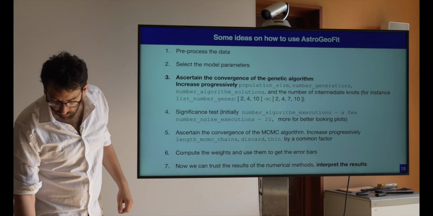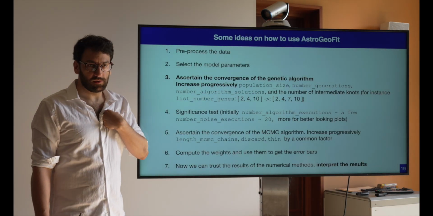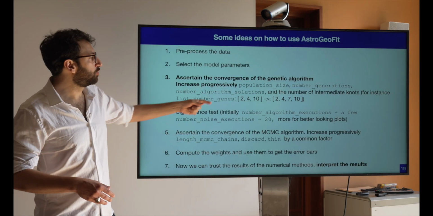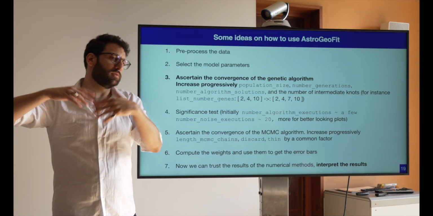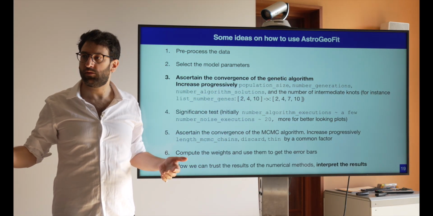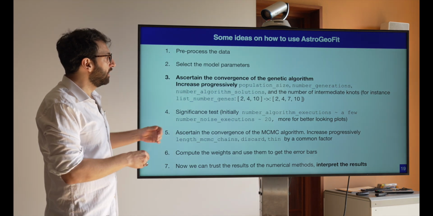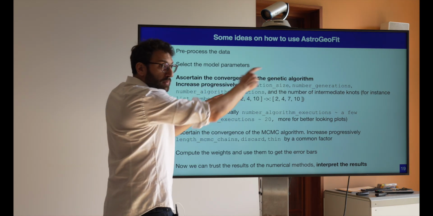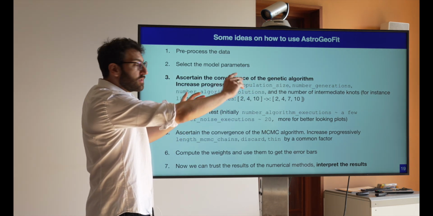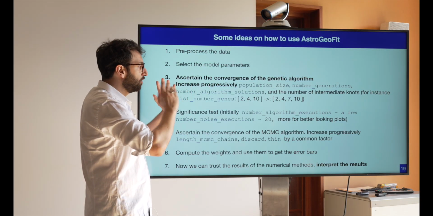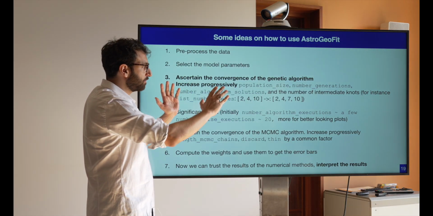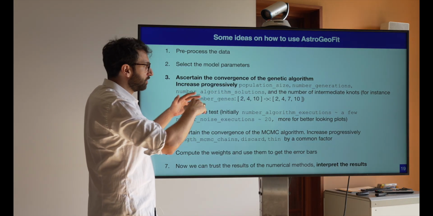What I would do personally is not try all the combinations of all the parameters, because it takes a long time to estimate. Just increase all of those by a common factor until the solutions stay the same.